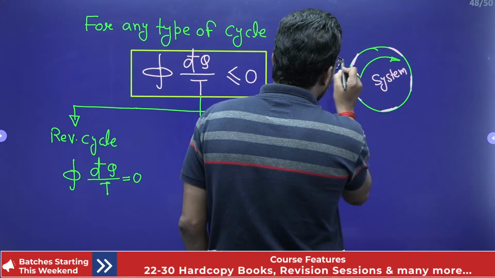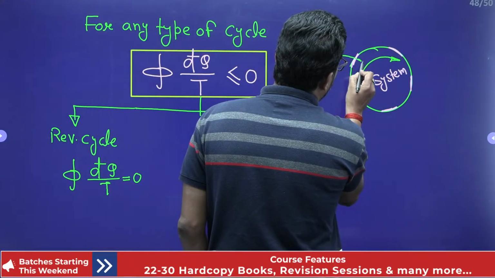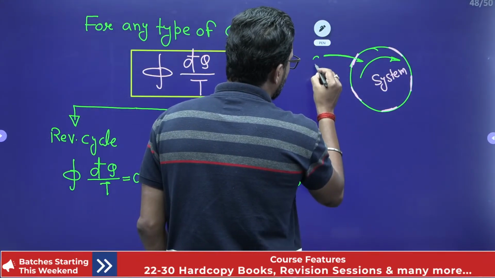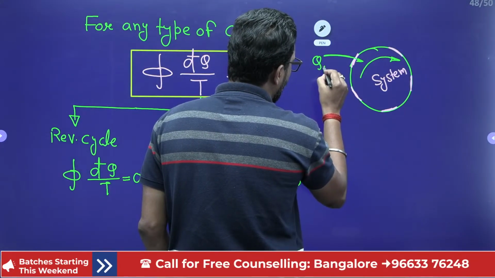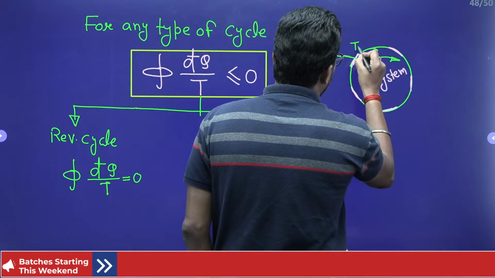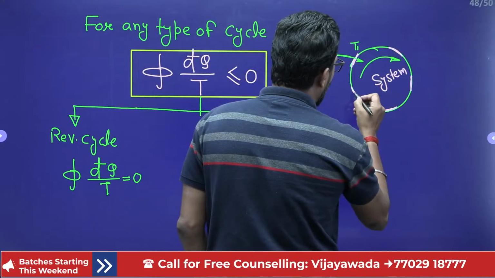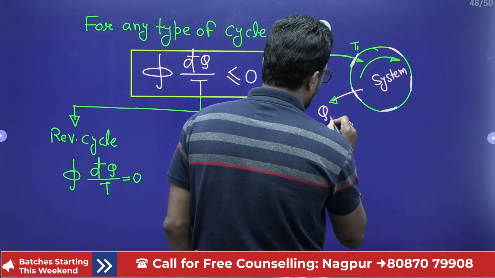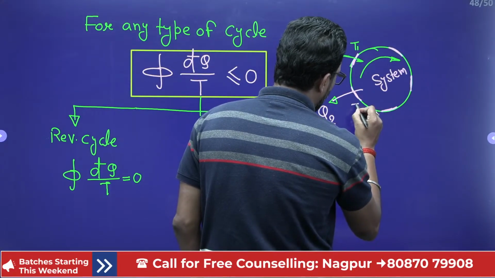During that, let's suppose at this boundary, Q1 heat comes in at a temperature T1. At this boundary, let's suppose Q2 heat goes out at boundary temperature T2.